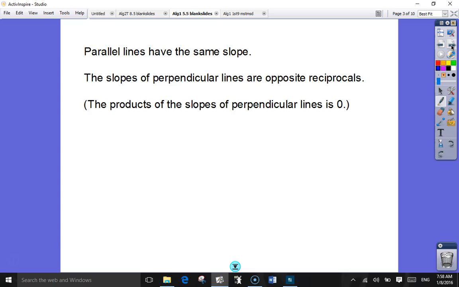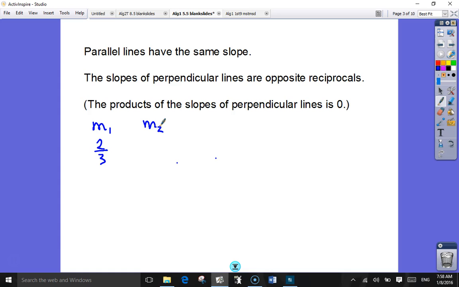If they tell you that your line is perpendicular to another line, then you've got to remember this rule, right? How do you find the slope of a perpendicular line? For example, if the one slope is 2/3, then the other slope, again, should be the opposite reciprocal. What does it mean to be the opposite of a number?